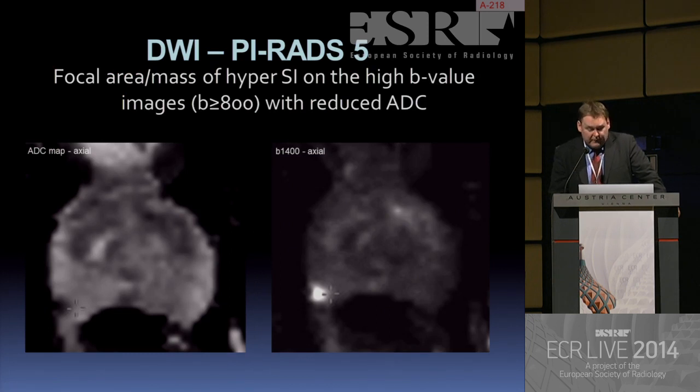And PI-RADS 5 is a focal area or mass of hyper signal intensity on the high B-value images with reduced ADC. Just this small lesion, you can identify it as a focal, it's very important, focal mass or area with black and white matrix. It means black on ADC and white on DWI.